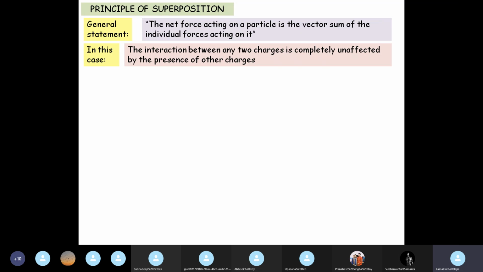They will be just like that, only together they will be acting simultaneously, and you have to find the resultant.